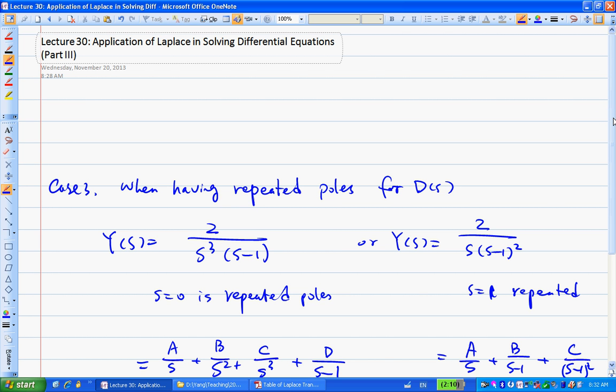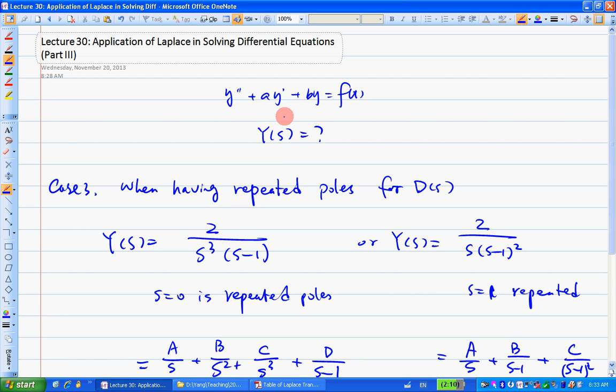So, when using Laplace to solve a differential equation, basically the whole idea is you have a second order differential equation, and we take the Laplace transform on both sides of this equation. Then we solve for Y(s), and then we decompose this Y(s) to the simplest form that we can have.